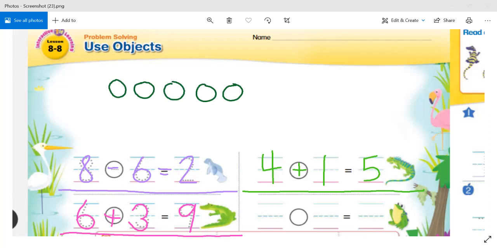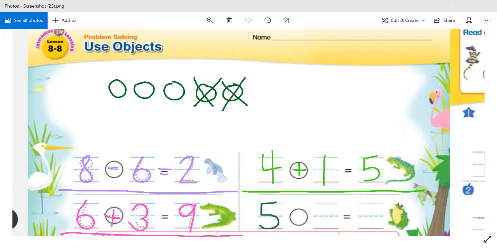Does this sound like an addition sentence or a subtraction sentence? We have 5 frogs in the pond. 2 frogs hop away. So what should we do? Should we add or subtract? Subtract. 2 frogs hop away. So let's put 5.